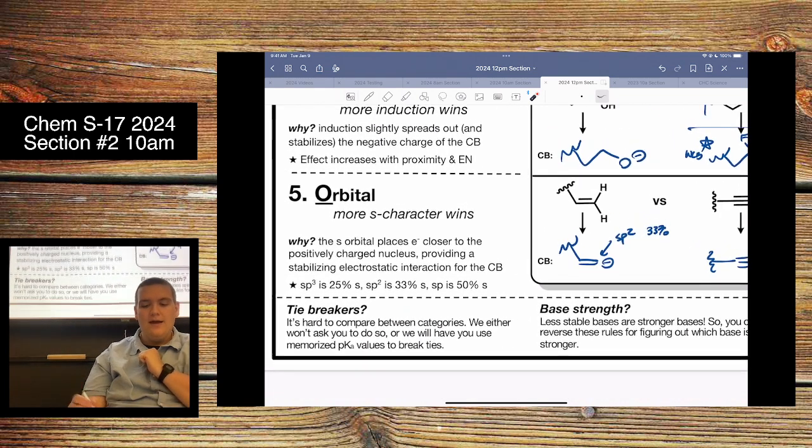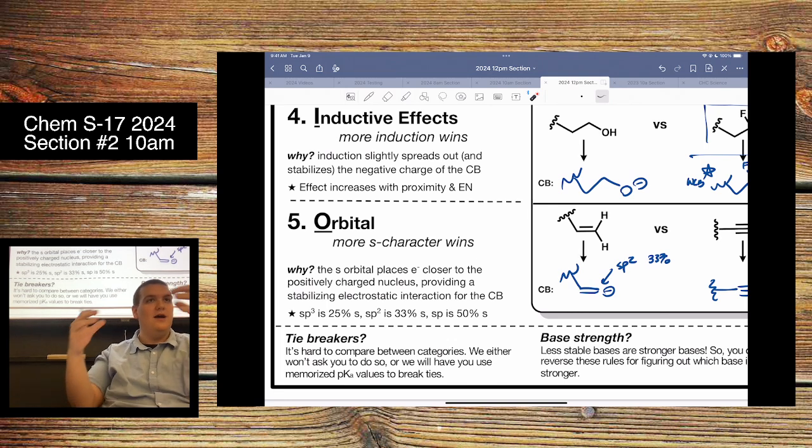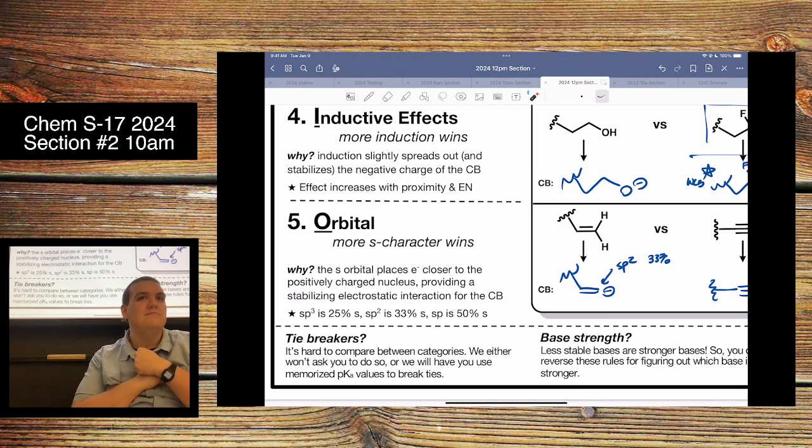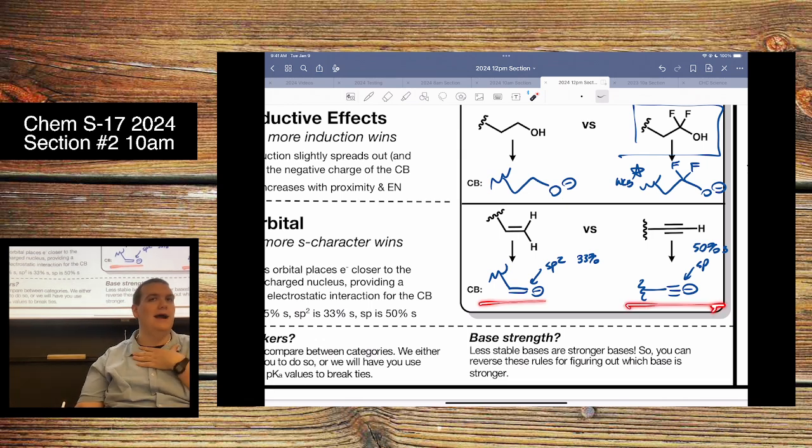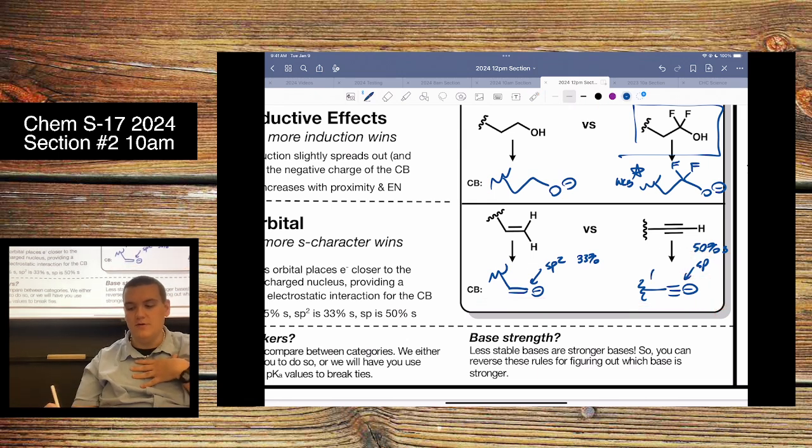And so more S character is going to hug those electrons just a little bit tighter, not a ton tighter, and that's going to be a little bit more stabilizing. So we say that the more S character is going to be more stable. So which is going to be more stable between the alkene here and the alkyne? Alkyne, the sp, it's 50% S, so this one's more stable, and this is the stronger acid.